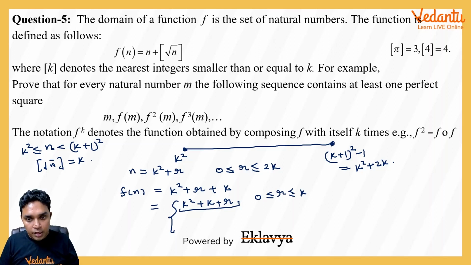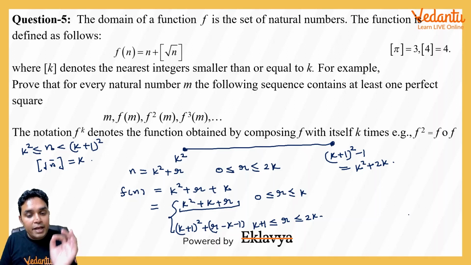You can check, because even if I take the largest value, it will be k square plus 2k. But if my r is greater than or equal to k plus 1 and less than or equal to 2k, I can write this as (k plus 1) whole square plus r minus k minus 1. It can be checked, it will be r minus k minus 1.